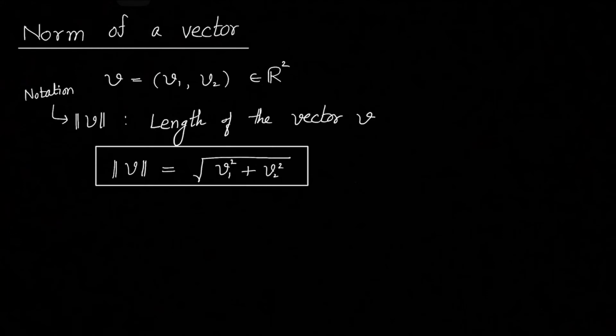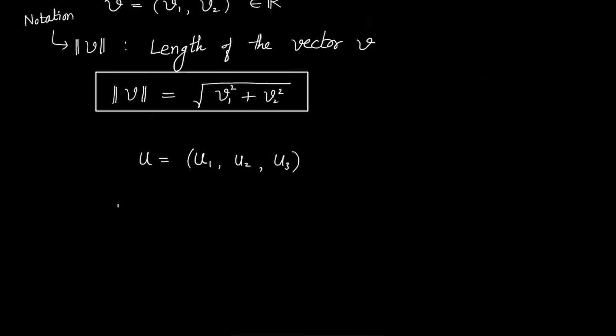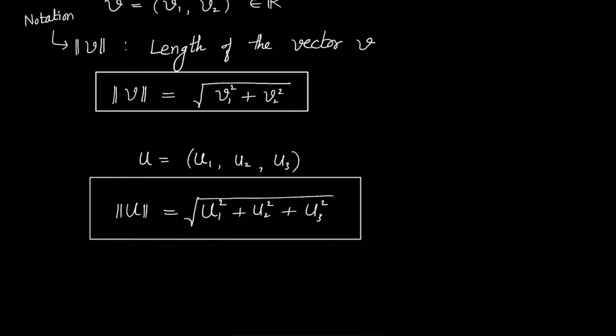If you have a vector in R3, then for its norm, you take the component squares, U1 square, U2 square, U3 square, add them, and take the square root. It will give you the norm of the vector. In general, you can generalize this.